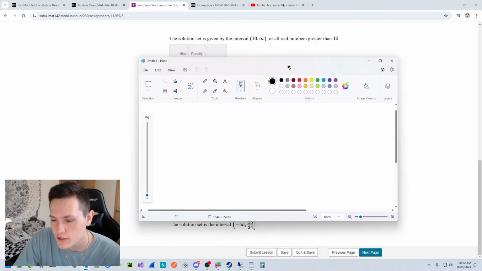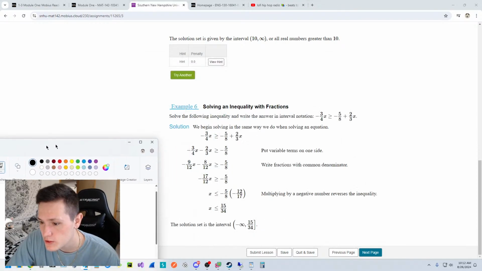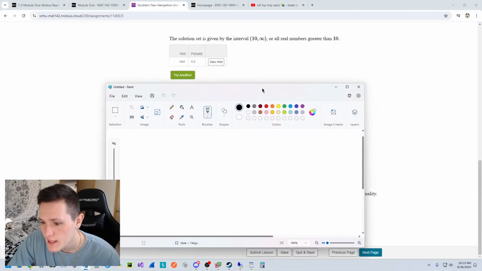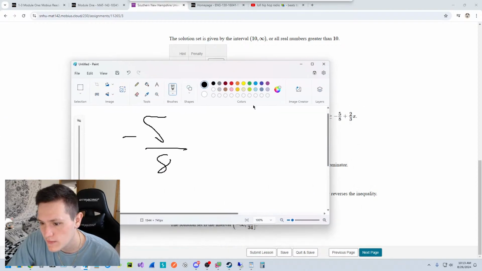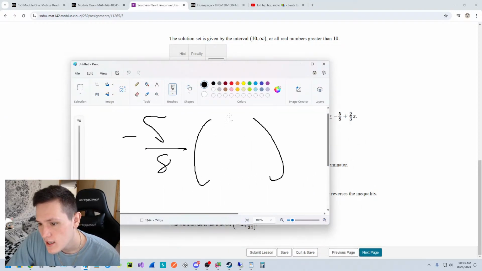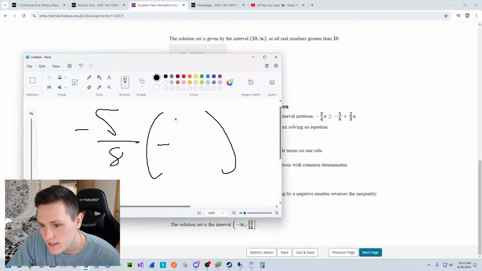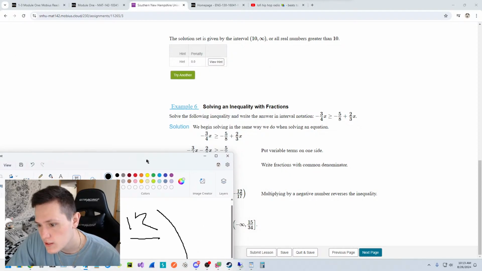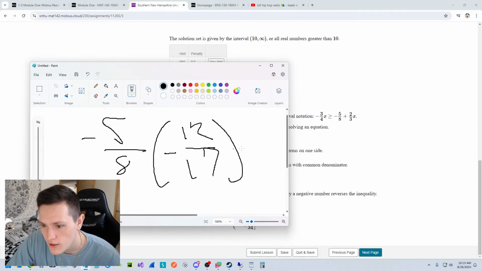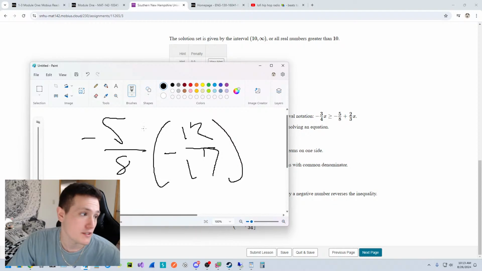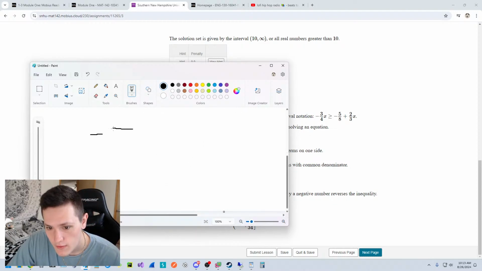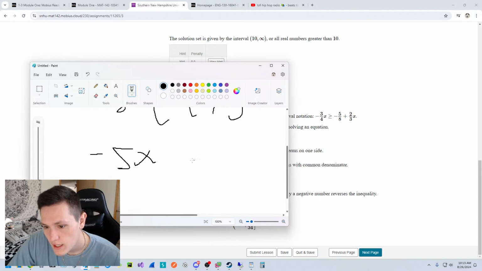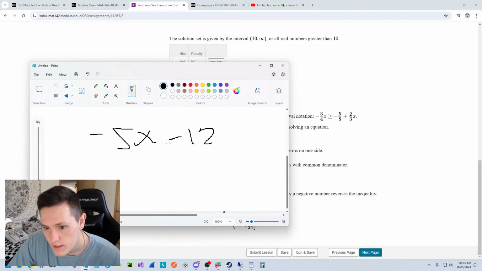No, Cam, this is how you solve it. You ready? So, this is what you do. What do we have? Negative 5 over 8. And then you have your negative 12 over 17. So, what do parentheses mean? It means times. So, we're going to take negative 5 times negative 12, right?